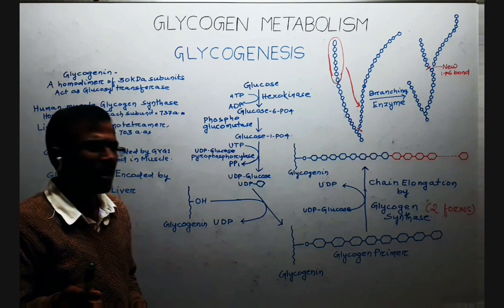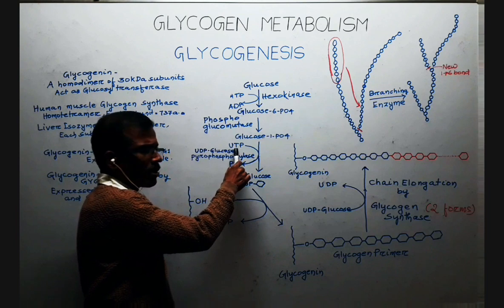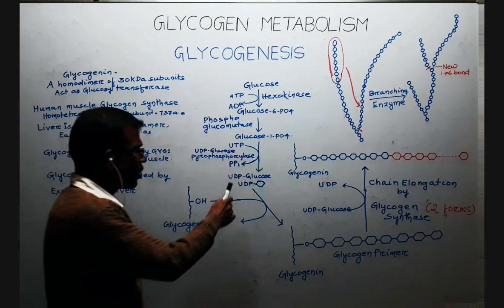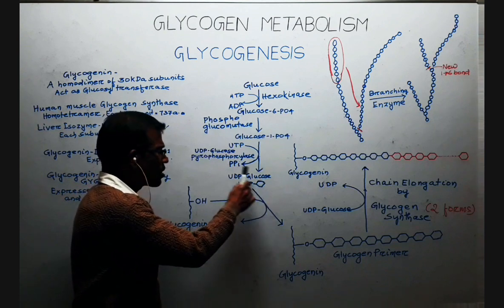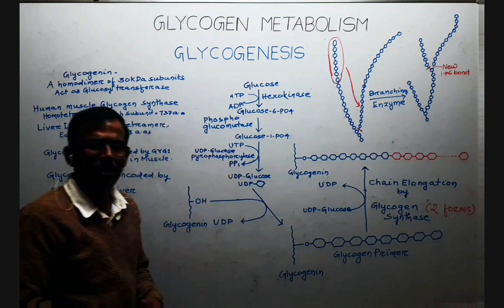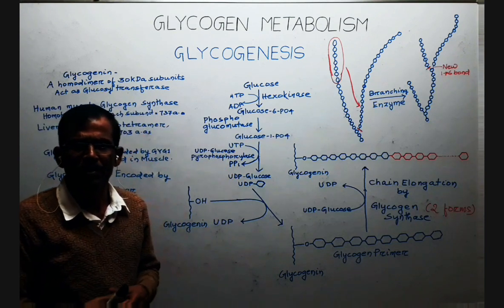In the third reaction step, glucose 1-phosphate reacts with uridine triphosphate to form uridine diphosphate glucose and pyrophosphate. This reaction is catalyzed by the enzyme UTP glucose pyrophosphorylase.